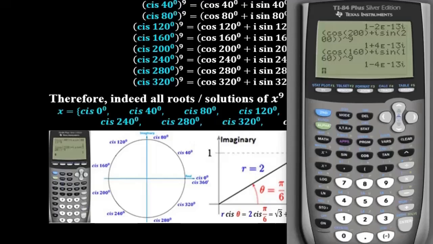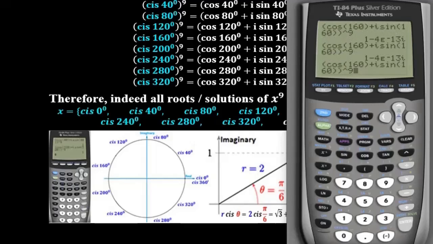Second enter, again change this to 120. Again you get 1.